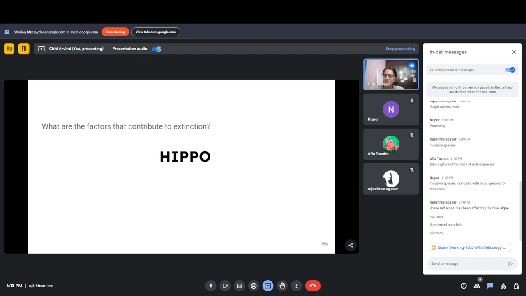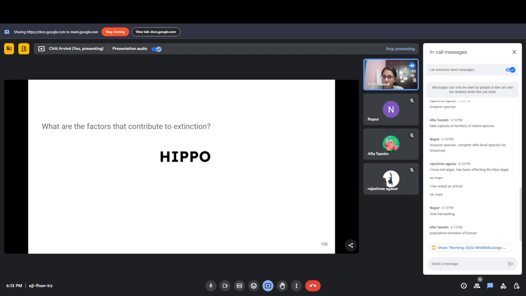So basically you have overpopulation and overharvesting, right? Yeah. So correct, Nupur and Afia. Population increase of humans puts a lot of pressure on resources that are present in our natural world, and that results in loss of a lot of biodiversity.